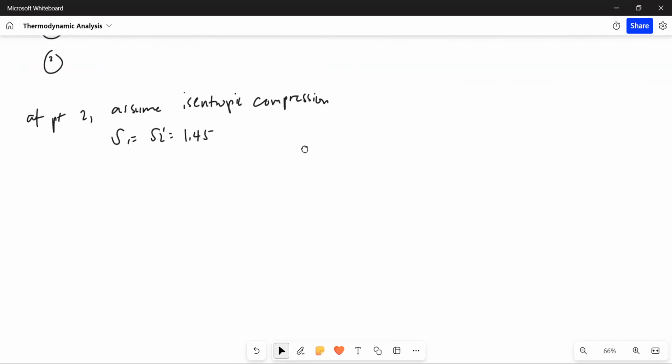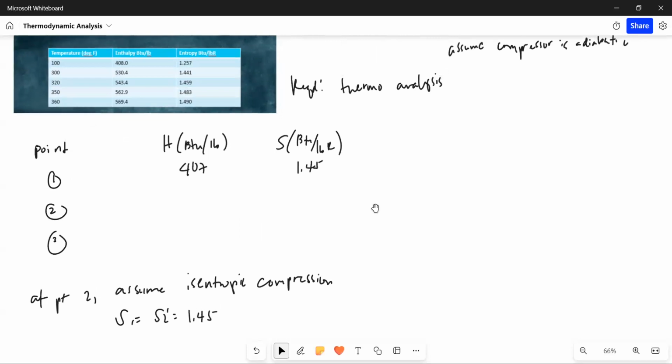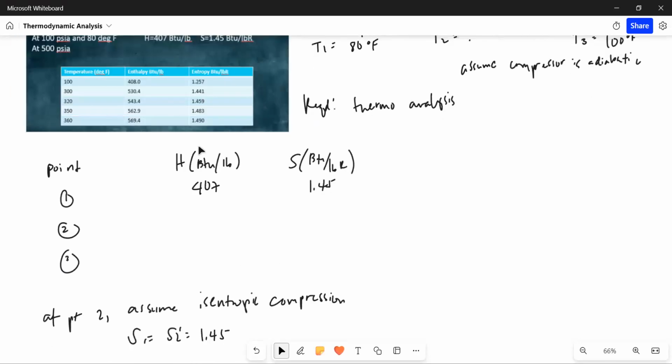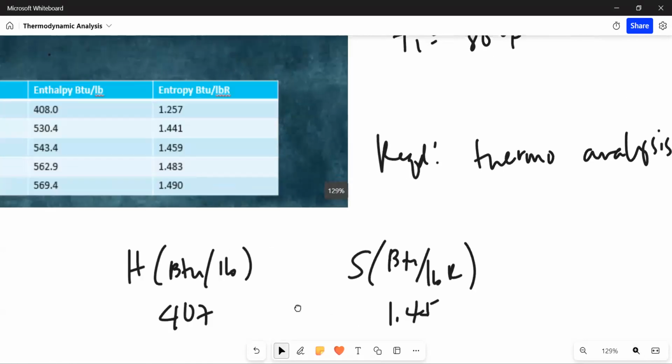Therefore, if we assume isentropic compression by interpolation, using 1.45, let's interpolate.